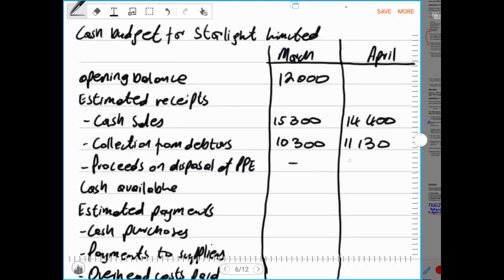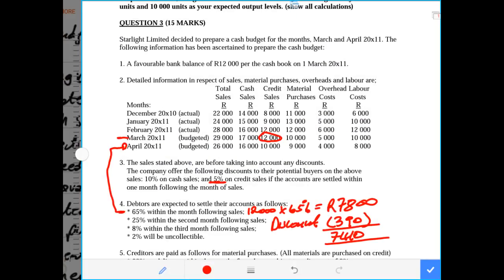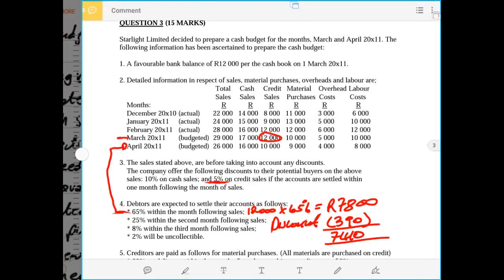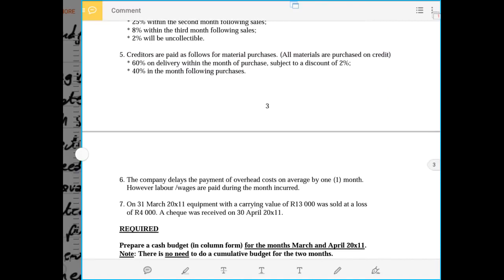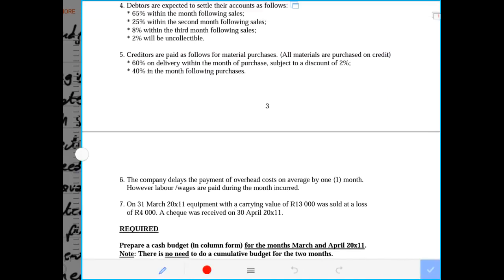We know that the proceeds here was 9,000, if I'm not mistaken. Proceeds from the disposal of item of property, plant, and equipment, where equipment was sold at a loss. Remember that we said the carrying amount of this asset was 13,000 and it was sold at a loss of 4,000, meaning it was sold at a price lower than 13,000 by 4,000.